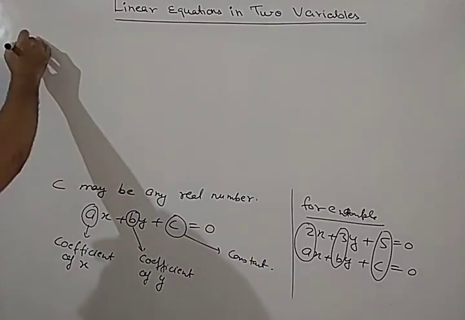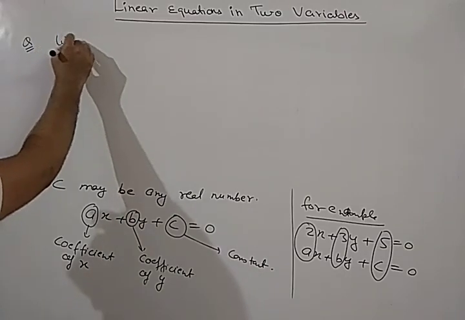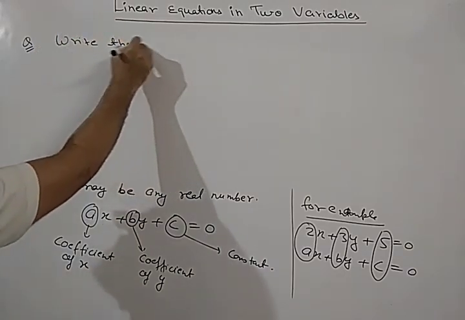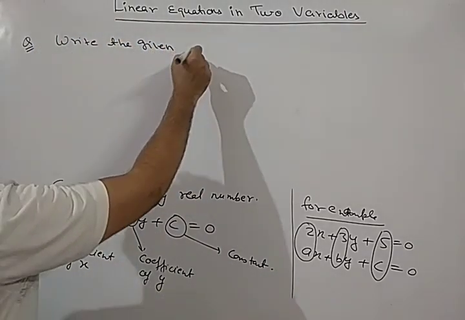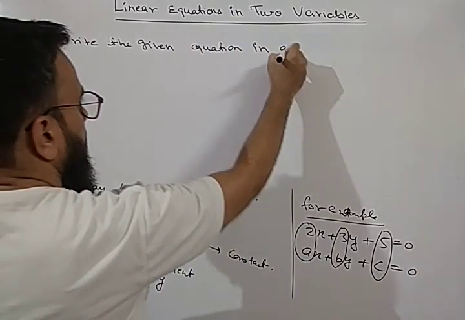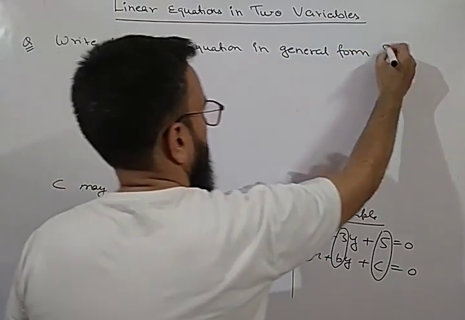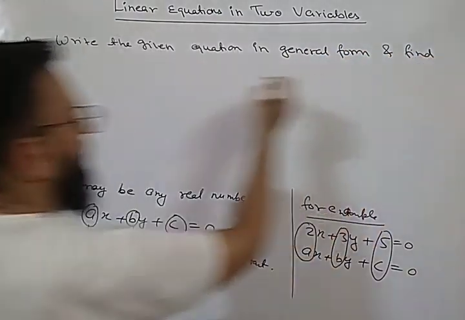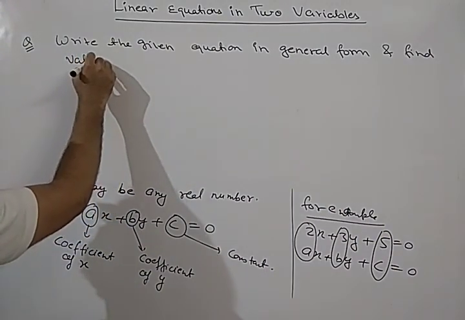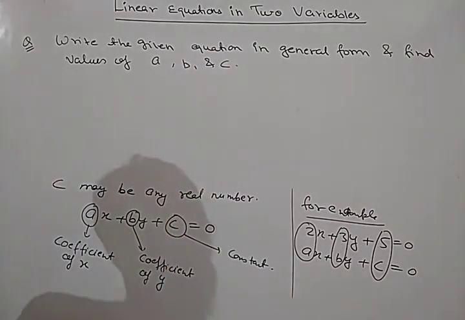First question is given. Write the given equation in general form and find the values of a, b and c.